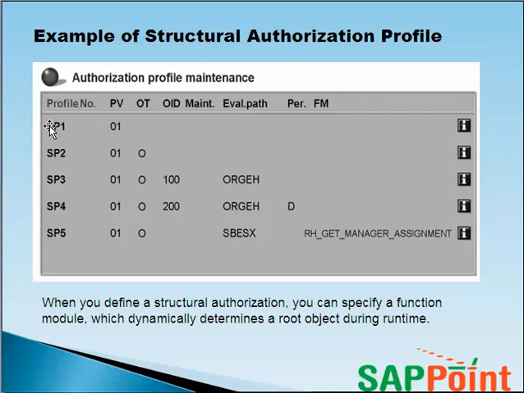Whoever is assigned this structure profile, SP1, that particular user is authorized to access all org units with plan version 01. Now in example 2, we have specified, let's say, our plan version as well as the object type.